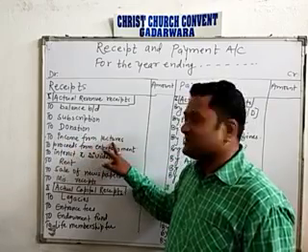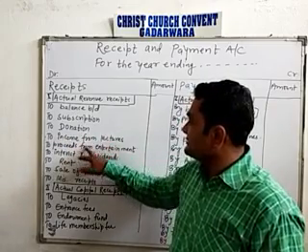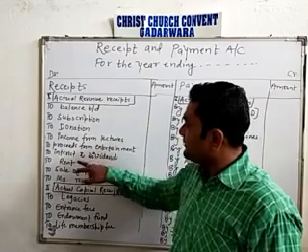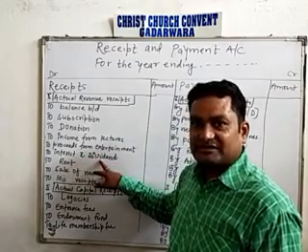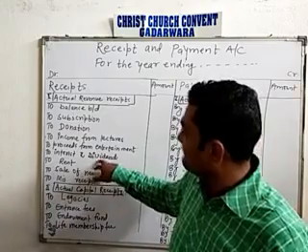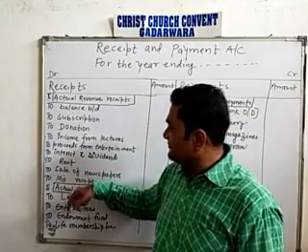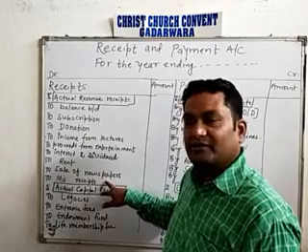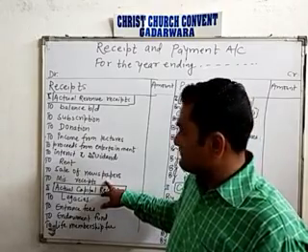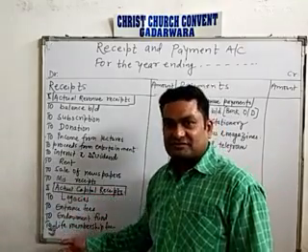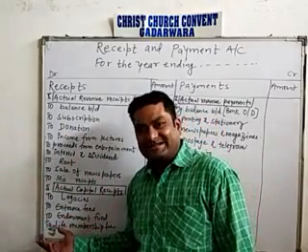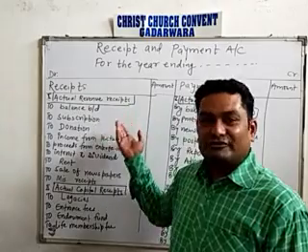Then the income from lectures, proceeds from entertainment, interest and dividend received on investment, rent received, sale of newspapers, scraps, etc., and miscellaneous ones. So there may be many more heads in revenue receipts.